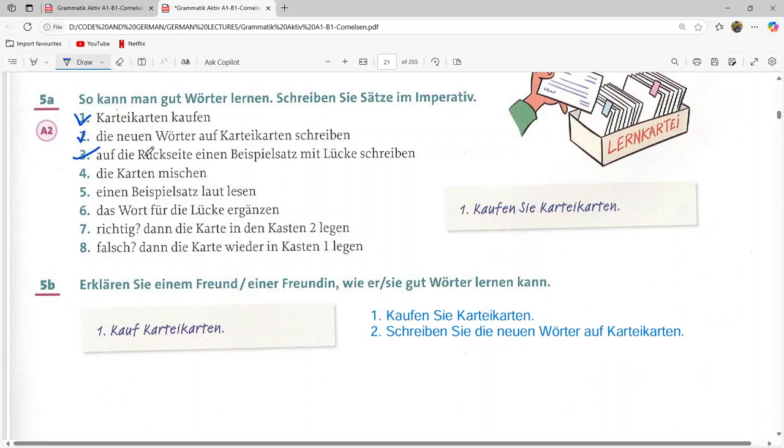Next one, auf die Rückseite einen Beispielsatz mit Lücke schreiben. So we have the verb schreiben again.